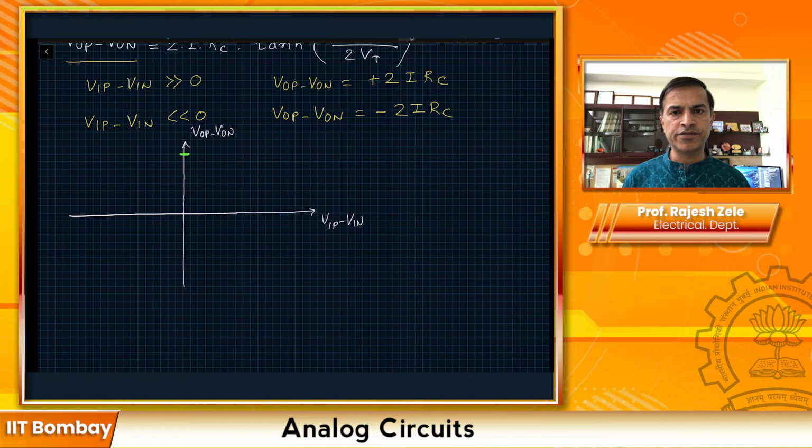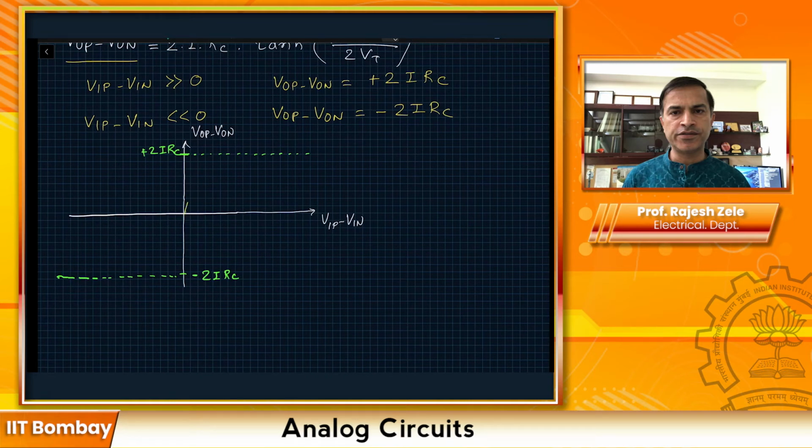At the ends we would expect minus 2I RC here, and plus 2I RC here. When VIP minus VIN is very large, it should asymptotically approach plus 2I RC, and here it should approach asymptotically minus 2I RC. So the transfer function is going to look like this.